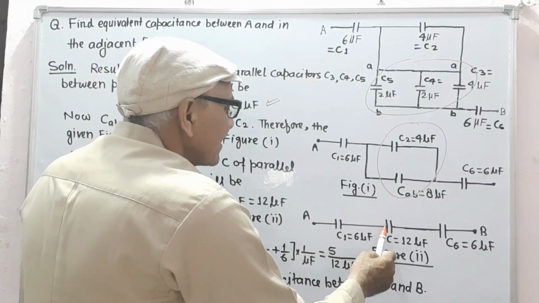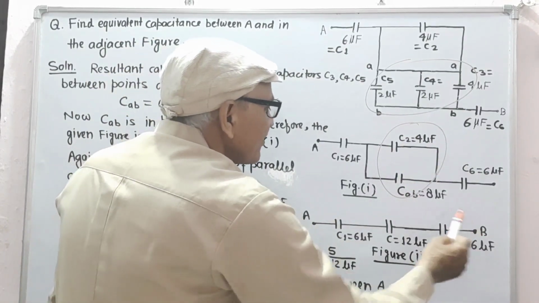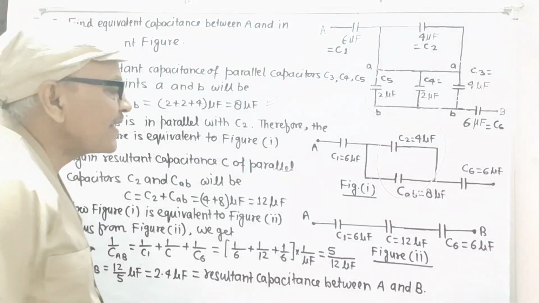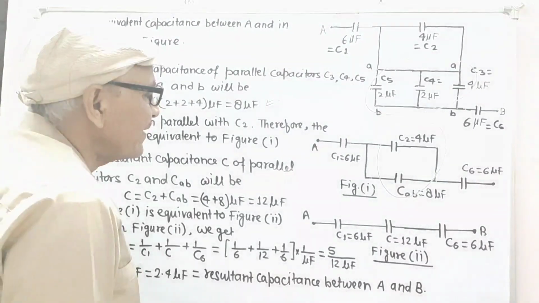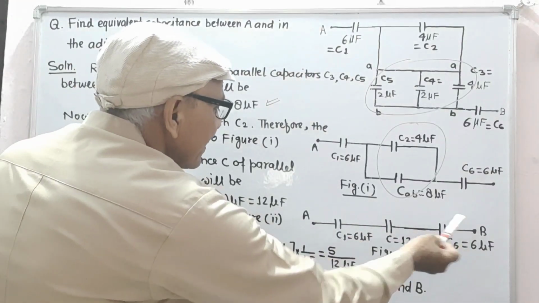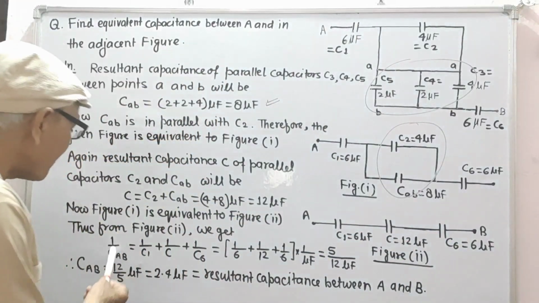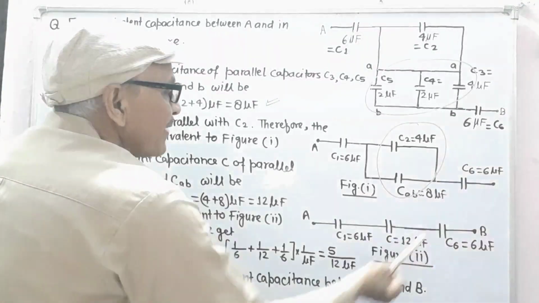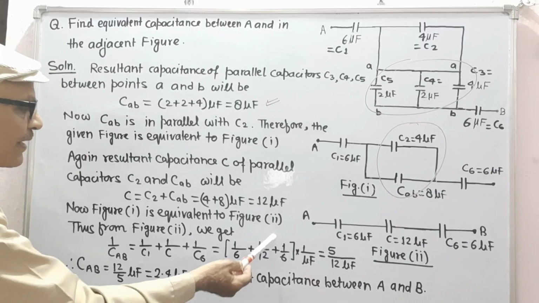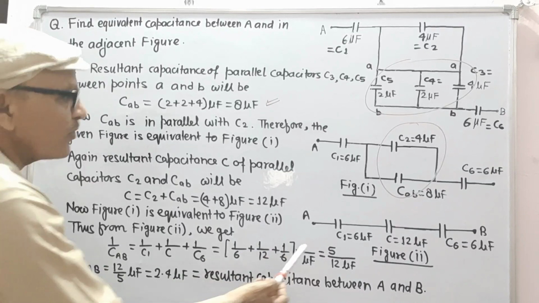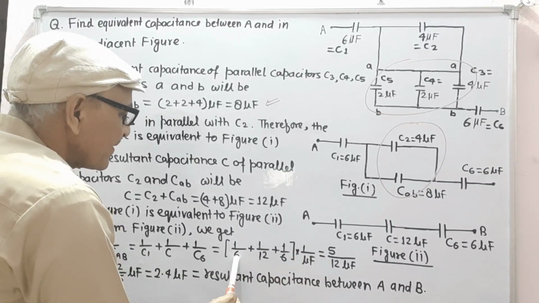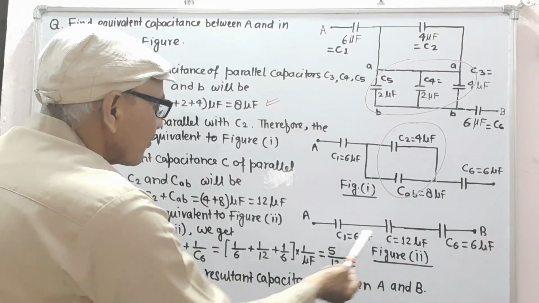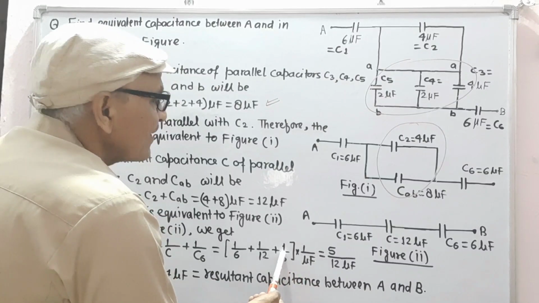C1 in series with C in series with C6. Now, if CAB is the equivalent capacitance between points A and B in figure 2, then 1 upon CAB will be equal to 1 upon C1 plus 1 upon C plus 1 upon C6, and putting their values, it is 1 upon 6 microfarad plus 1 upon 12 microfarad plus 1 upon 6 microfarad.